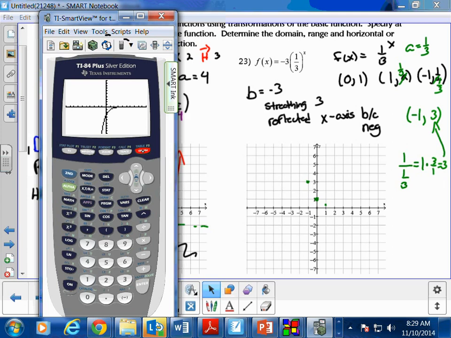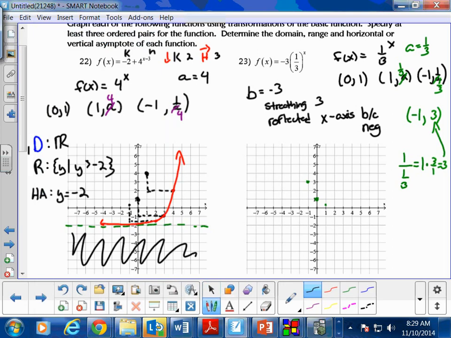Now, when you have something that's being stretched by 3, each of these points is going to be stretched by 3. I imagine that at -1, I'm going to have -9. And I know some of you are probably thinking about it. (-1, -9). The reason being is this: there was no shifting at all as far as up and down, so this one will still have a horizontal asymptote at y equals 0.